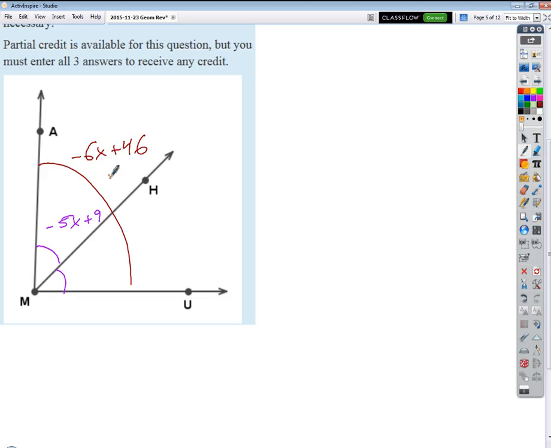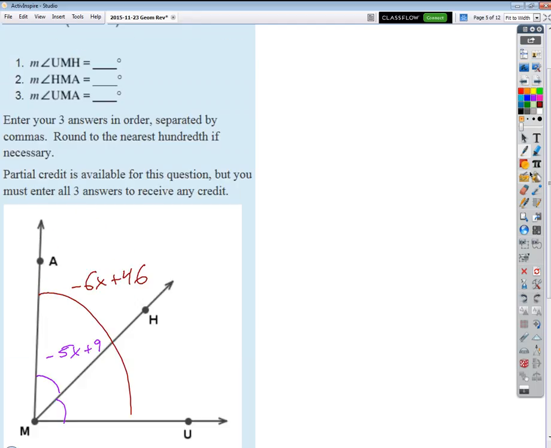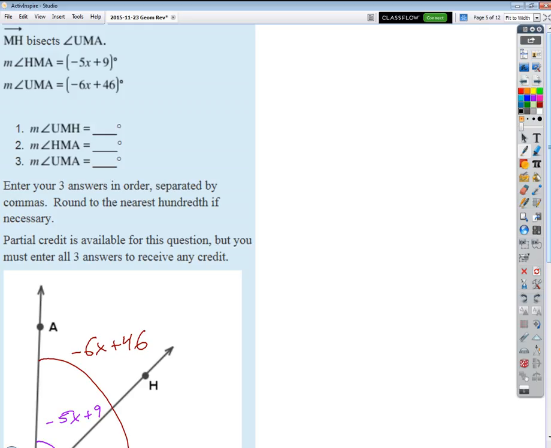And so we get the geometry relationship then. This one has to be 2 times as big as that one, right? So 2 times the measure of angle UM. Oh, sorry, I got it backwards, didn't I?